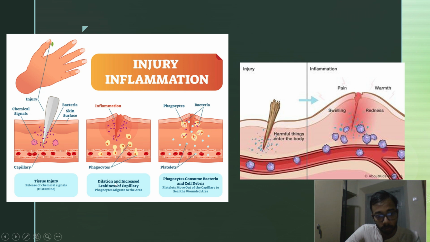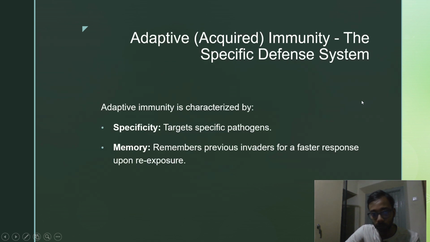The release of histamine causes dilation and increased leakiness of the capillaries, and phagocytes like neutrophils can migrate to this area of injury. Ultimately these phagocytes can engulf and kill bacteria and cellular debris. So this is how inflammation takes place. You can see the four features: pain, swelling, redness, and warmth. So that is about the innate arm of our immune system.